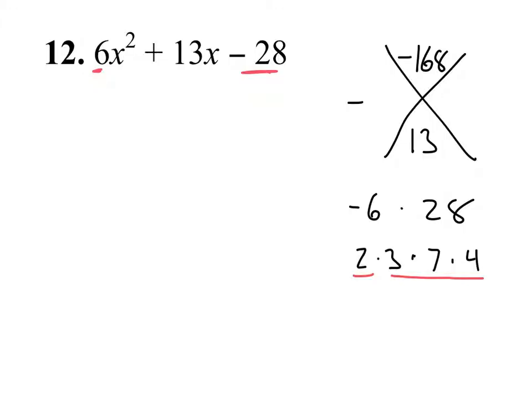Absolutely not. That's far too crazy. So I wouldn't do that. But what about 3 times 7, which is 21, and 2 times 4, which is 8. Again, to add them together, 8 has to be negative. 21 and negative 8, does that give me 13? Yeah, it does.